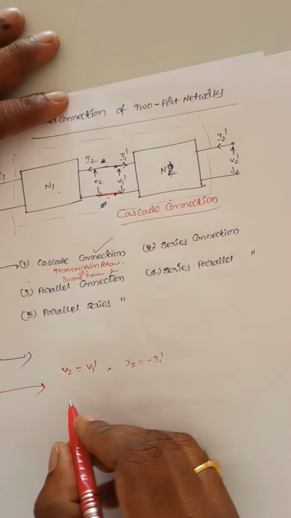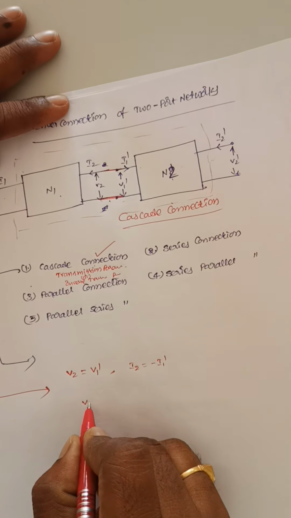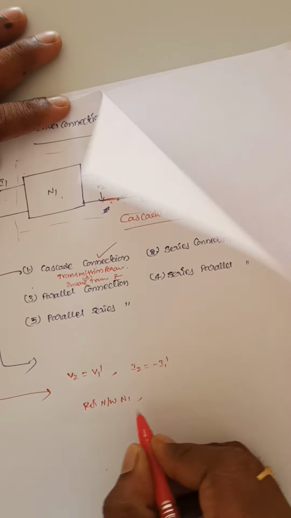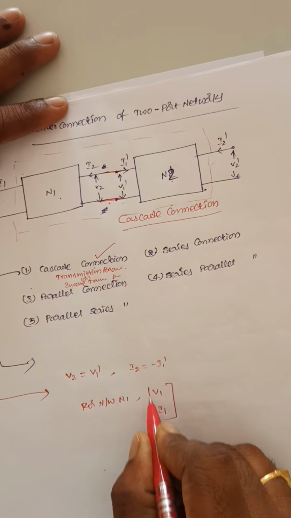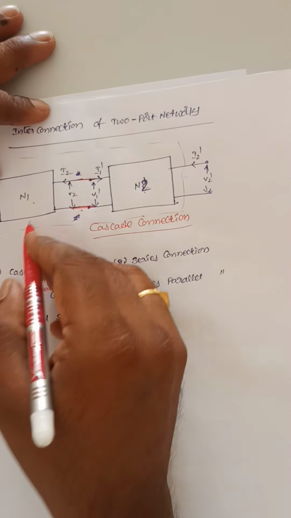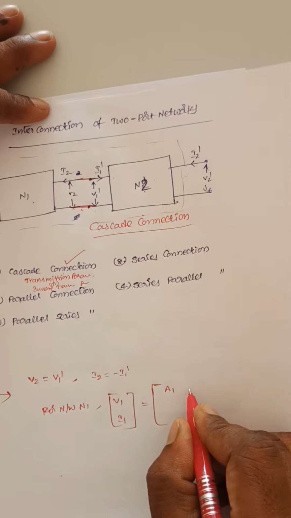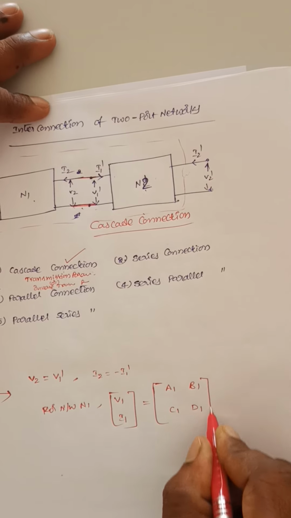Now the transmission parameters for this network. For network N1, let us assume the transmission parameters are A1, B1, C1, D1.